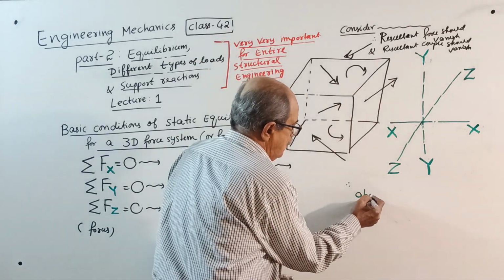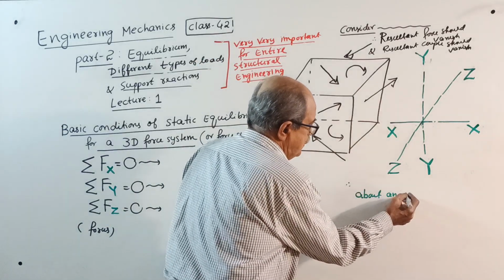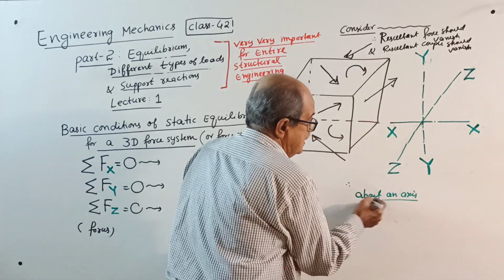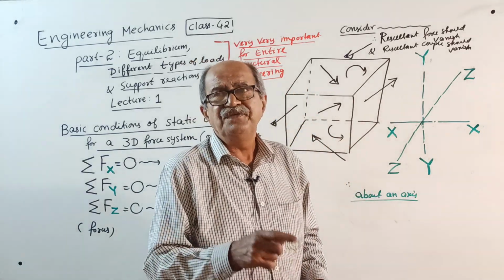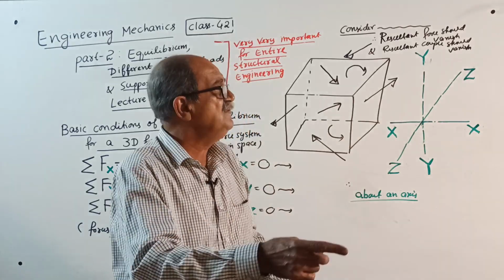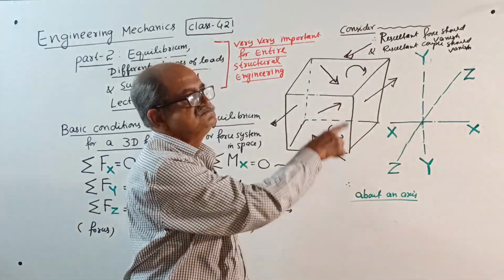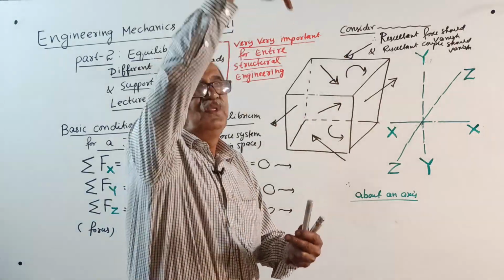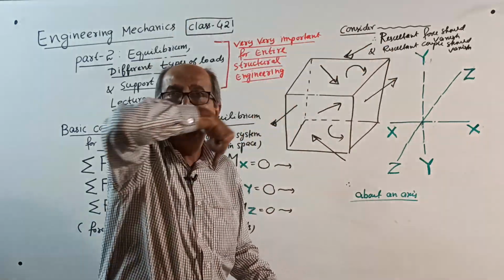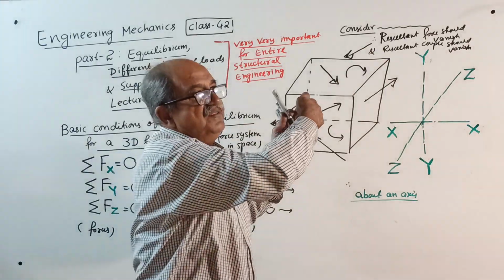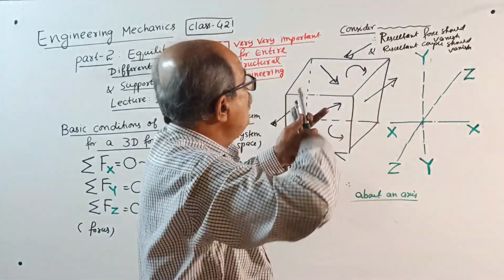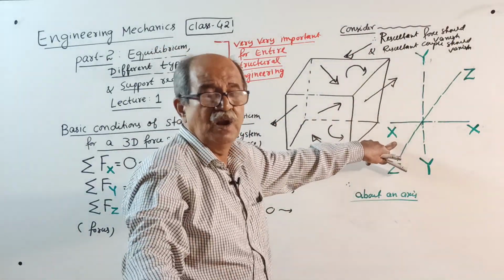Remember, always about an axis, not about a point. In 3D, moment is always about an axis. Means, see, x-x axis, moment about xx. Or y-y axis, moment about yy. Z-z axis, moment about zz. All this I will explain slowly one by one.